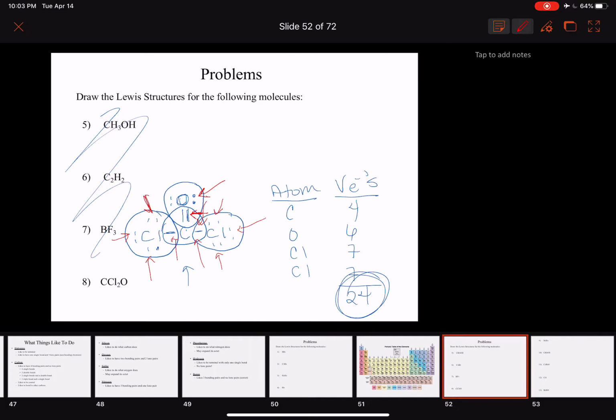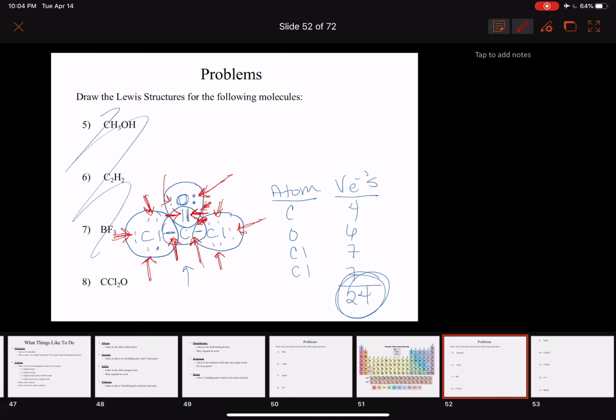Okay. 2, 4, 6, 8, 10, 12, 14, 16. Oh, I counted that bond again. Okay. Scratch that out. 18, 20, 22, 24. Okay, learn how to count electrons, Professor Gray. You don't count one of the single bonds 2 times.